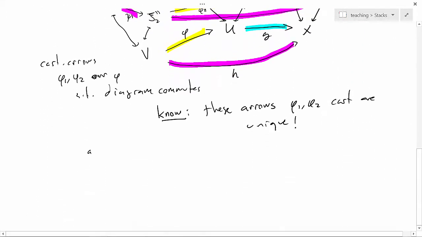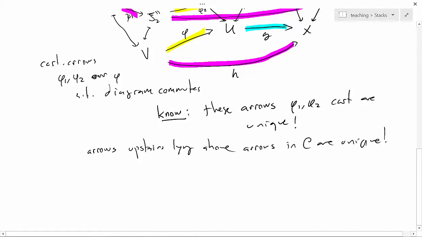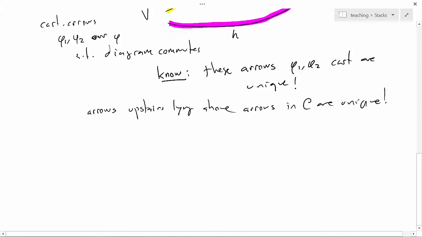So arrows upstairs, lying above arrows in C, are unique in this particular fibered category, Isom.